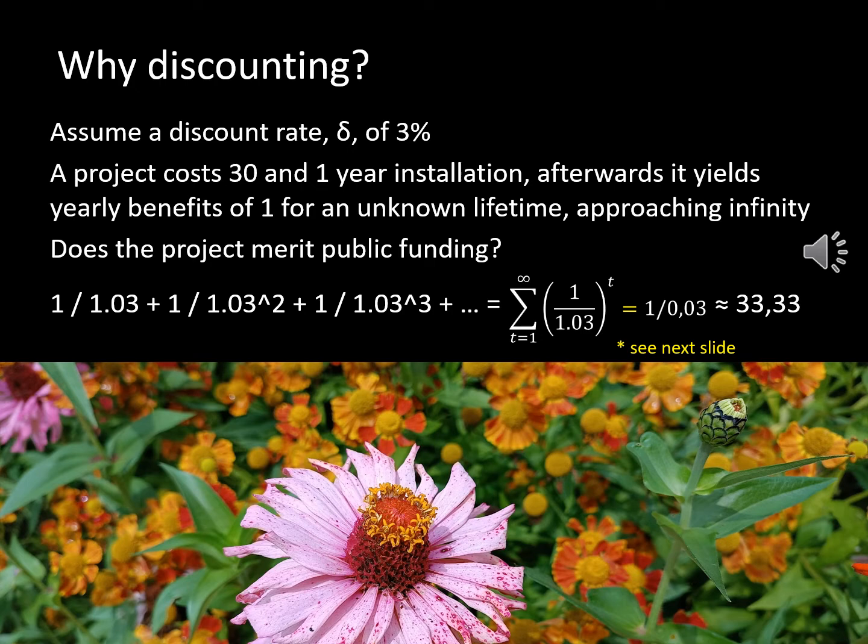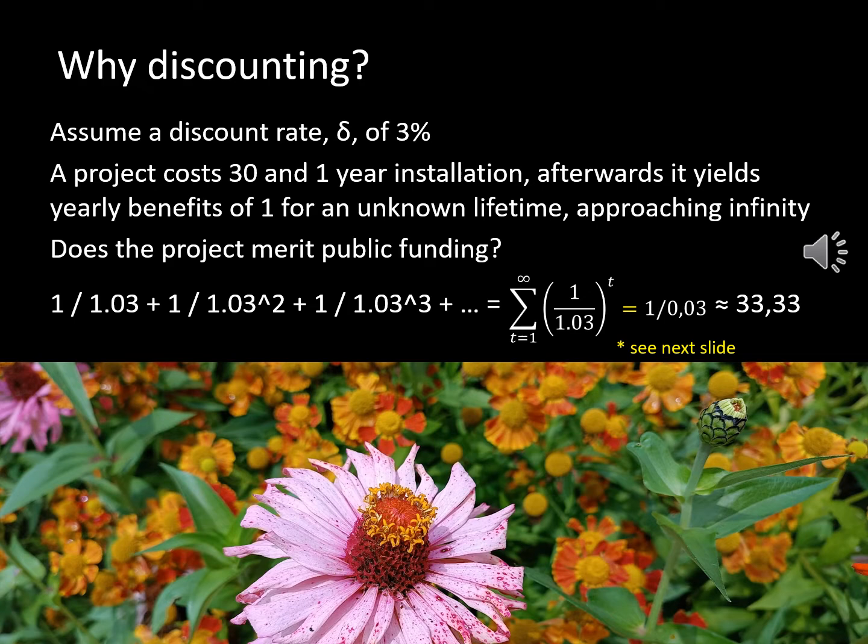The issue of unboundedness of benefits or damage until undefined time arguably introduces a pragmatic reason to adopt some positive discount rate. Consider a project that costs 30 and a year of installation, but afterwards starts giving yearly benefits of 1 for an unknown lifetime, possibly approaching infinity.